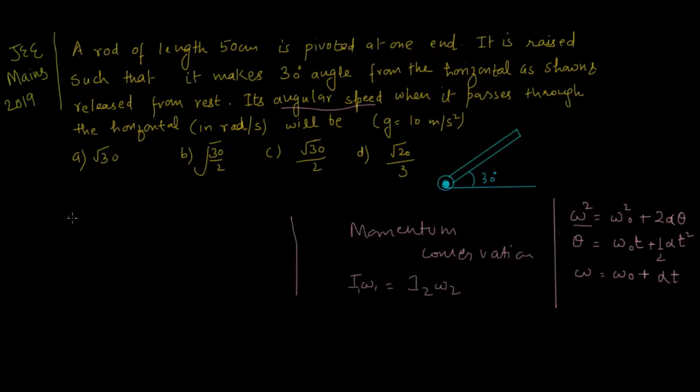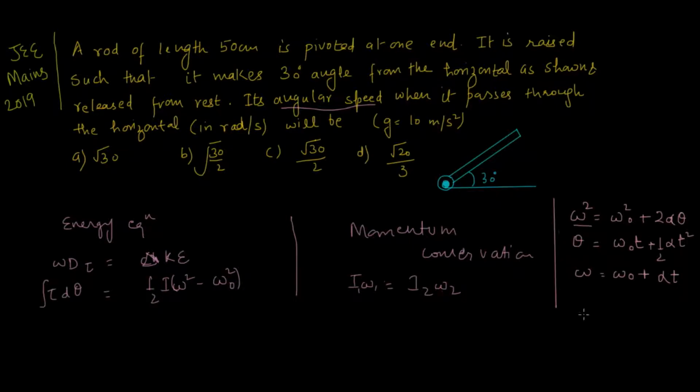And the other is the energy equation, or you can say the work done equation, in which work done by torque equals change in kinetic energy, delta KE. In delta KE we have half I omega square minus omega initial square, and the work done by torque will be the integration of tau d theta.